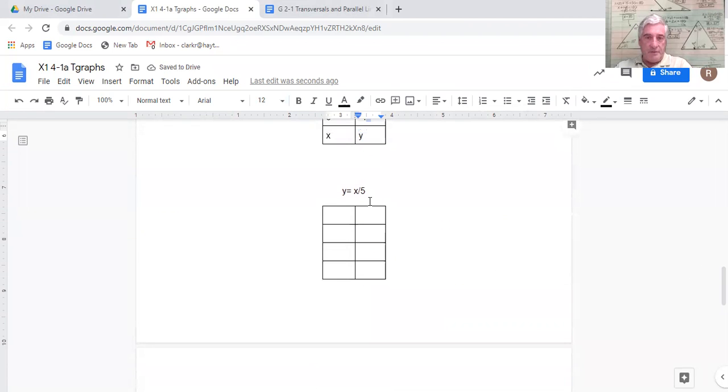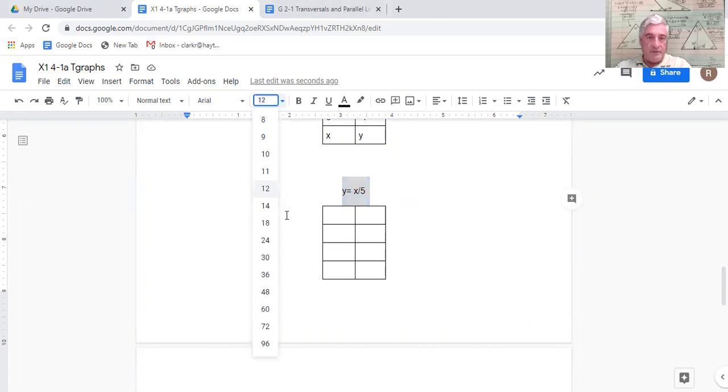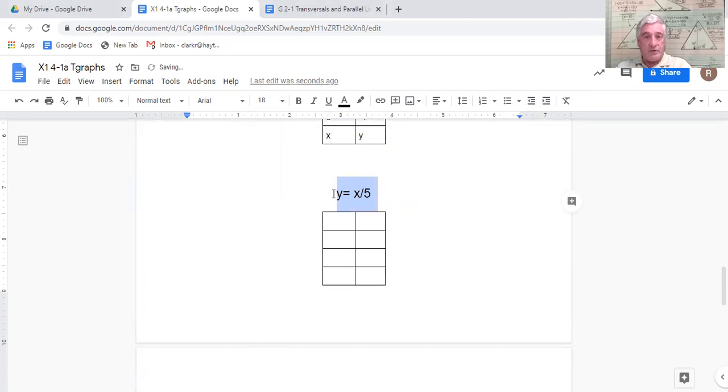Let's try another example. y equals x over 5, or y equals x divided by 5. You can say it either way. I'm going to have my x in this column and my y in this column. Now I'm going to take numbers and divide them by 5.